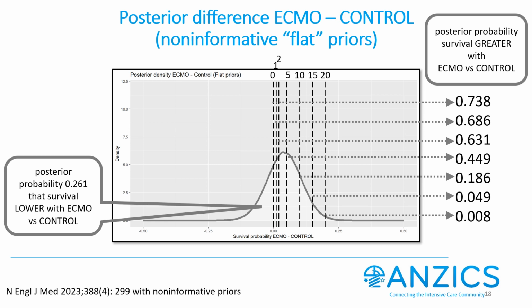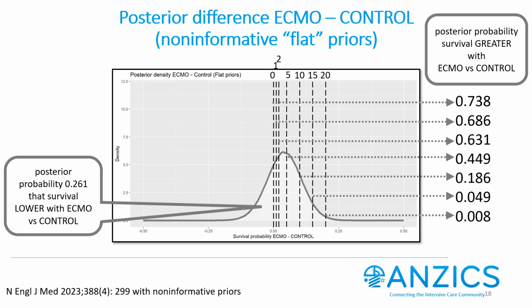But let's go much further. That frequentist statement, 0.04 with a confidence interval of 0.09 one way to 17% the other, can be much more richly given to you in Bayesian analyses as follows. So we have a posterior probability of 26% that the ECMO is worse, and we have a posterior probability of 73.8% that ECMO is better.